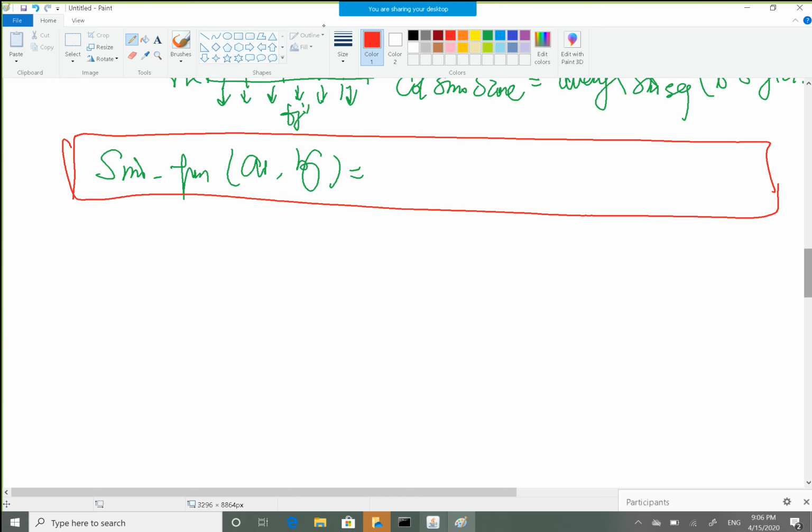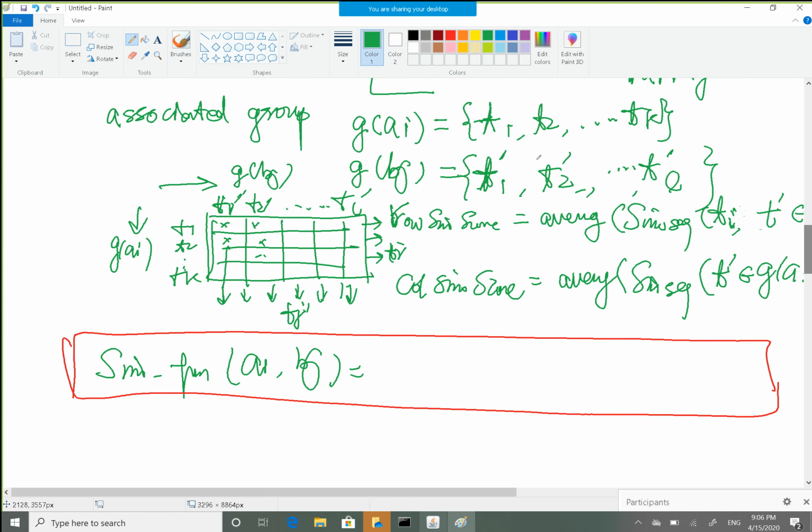So this one is equal to what? It is called the semantic similarity, divided by the maximum of the row score and the column score.